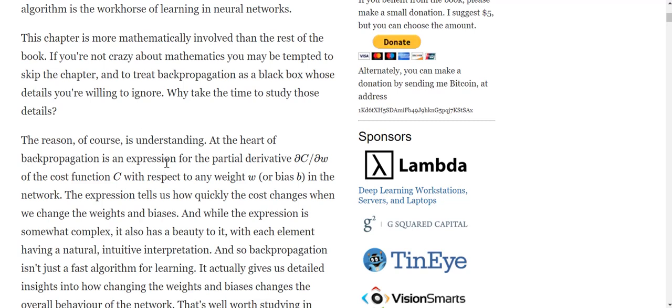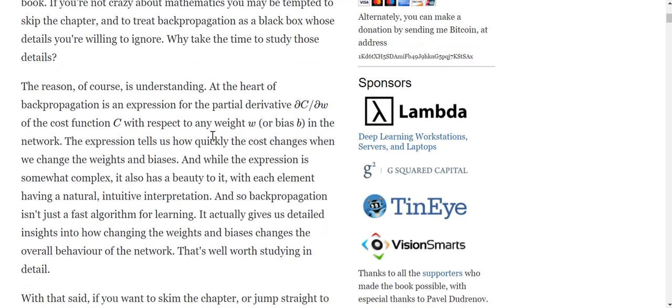At the heart of backpropagation is an expression for the partial derivative of the cost function with respect to the weight w or bias b in the network. The expression tells us how quickly the cost changes when we change the weights and biases.